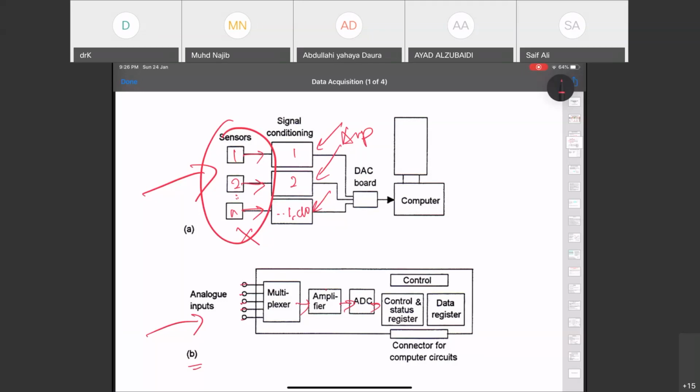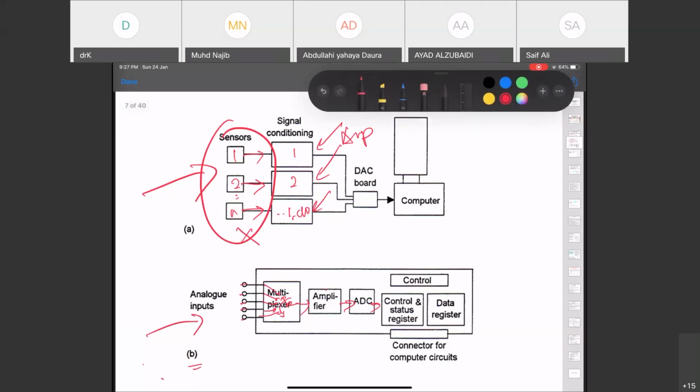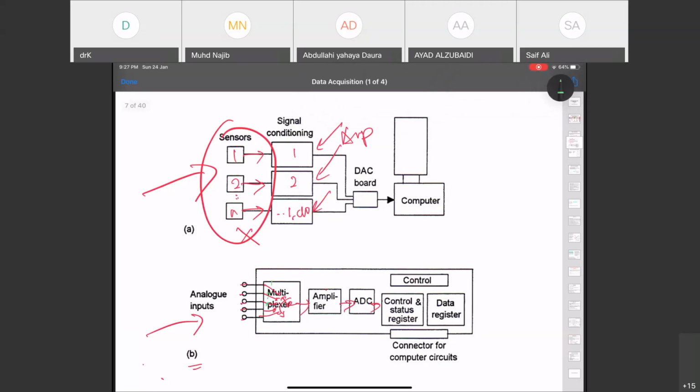The multiplexer's job is to act as a switch. It connects to maybe the first switch, the second switch, third switch, fourth switch, or fifth switch.